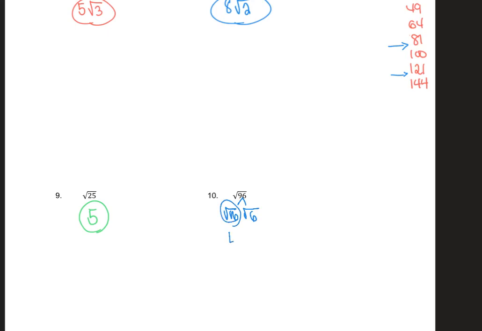The 16 turns into a 4, and when I say turns into, it really simplifies. Root 16 equals 4, so it is 4 root 6.